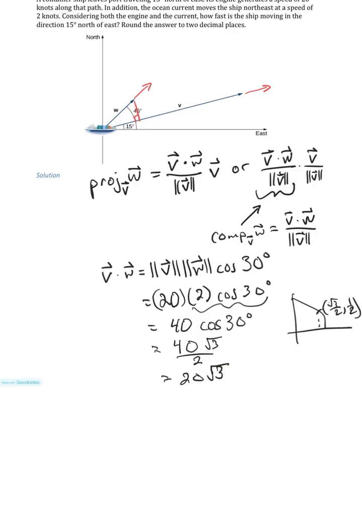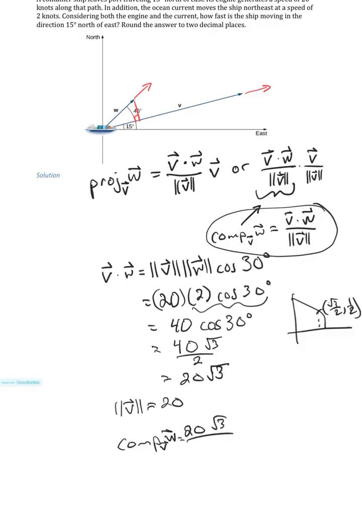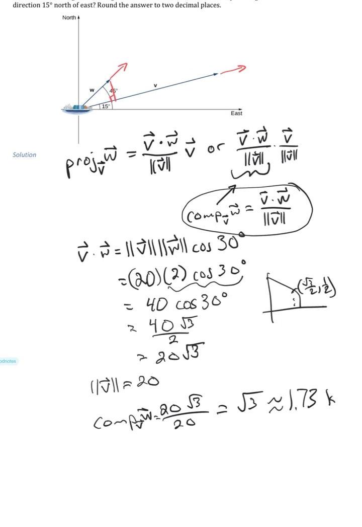We can still make that work because the magnitude of V, remember, was 20. So putting in the component of W in the V direction, putting that formula together, we end up getting the component of W onto V is equal to 20 root 3 over 20, which is just root 3, which is approximately 1.73 knots.